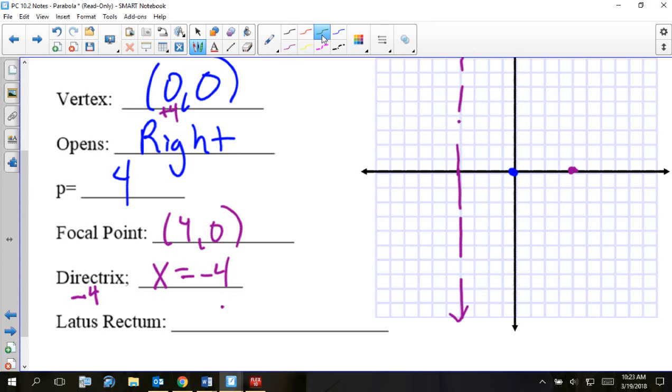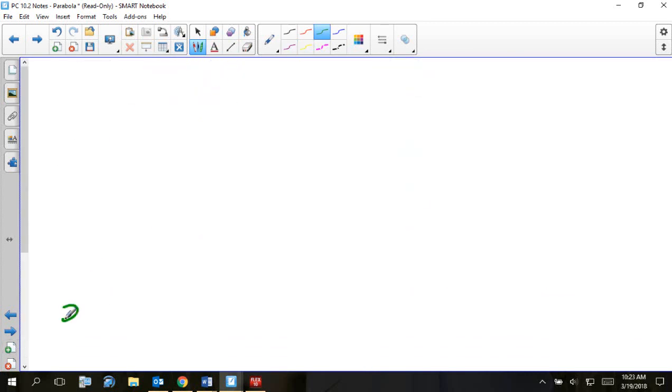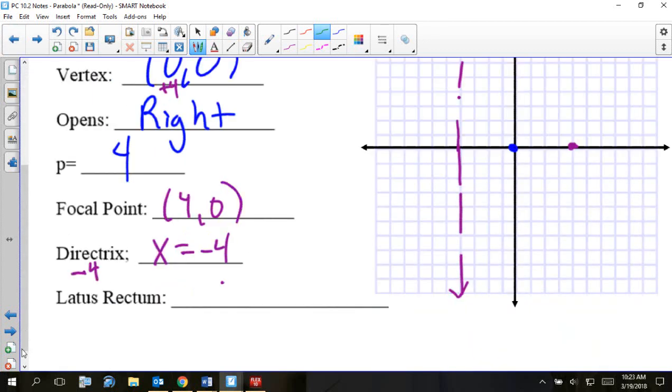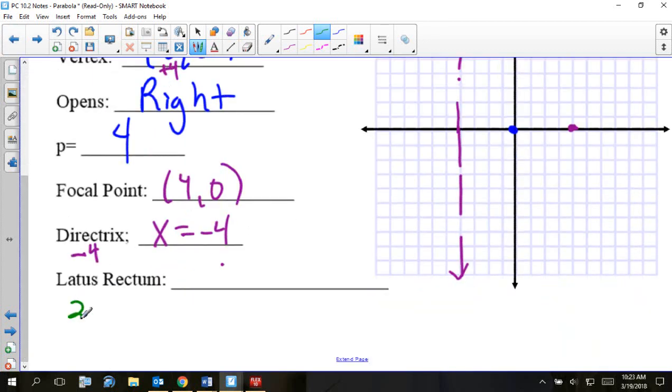The latus rectum, we use 2p. So I do 2 times 4, which is 8. And I'm looking at my graph, and I know it opens to the right, so the width is going to be going up or down. So to my focus, I add or subtract 8.